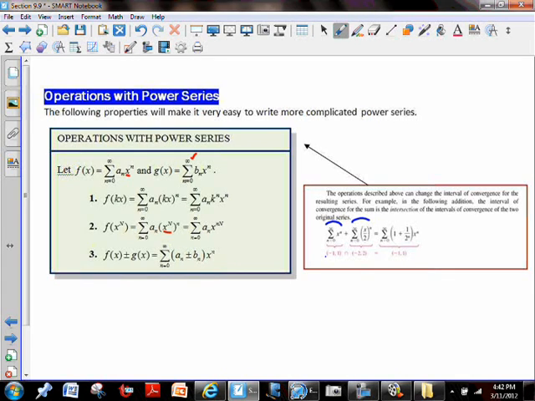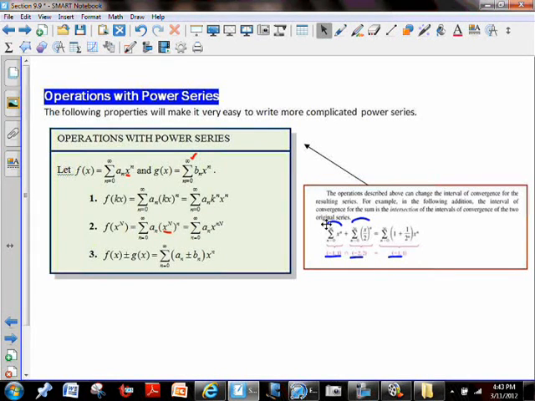And you can probably see that that is indeed what's going on here. I don't know if it's such a big deal to point that out. Of course, you could always use the ratio test, although it might have some pretty ugly algebra involved with it, but that's always going to be a way to find your particular intervals of convergence.